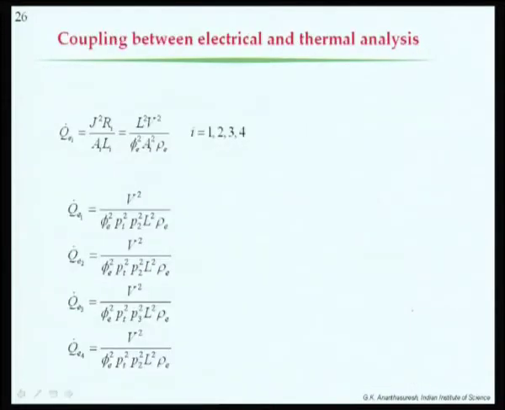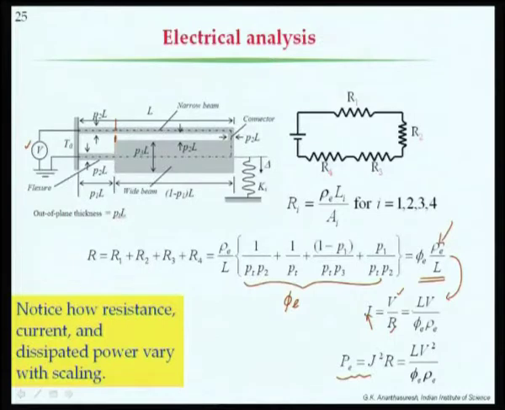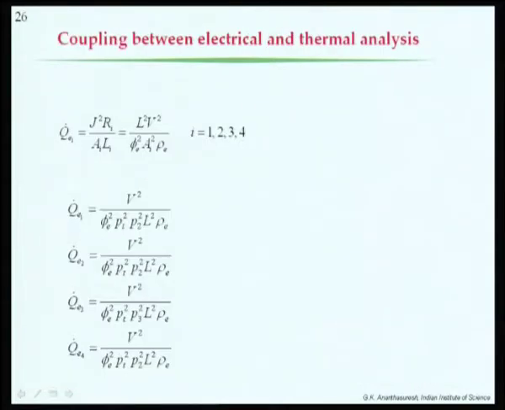And now, the Q dot, the J square R that we have is heat generated per unit volume. So, we are dividing by the volume also here, that goes as Q dot in the thermal problem. We have 4 segments. This is the heating source term in the first segment, second segment, third segment, and fourth segment.